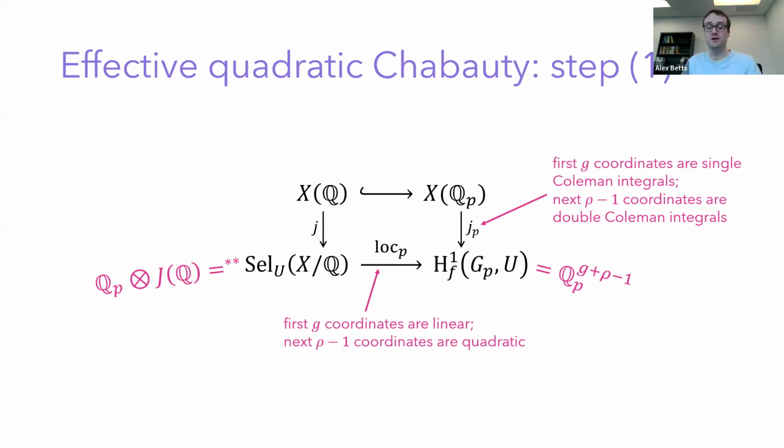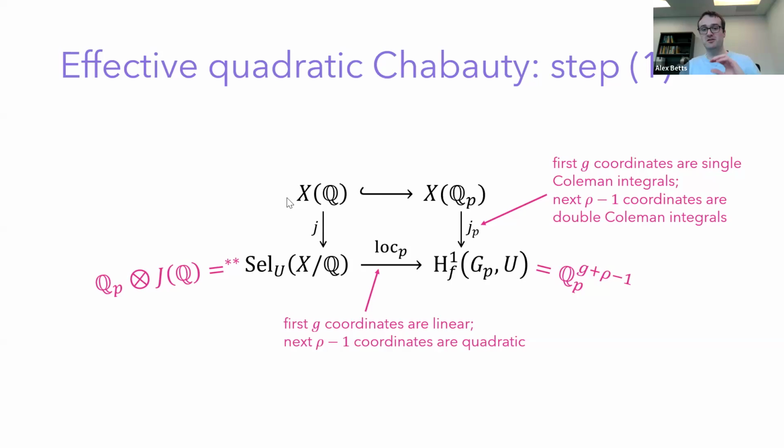They are double Coleman integrals, specifically ones related to local p-adic heights. But for today, we're just going to think of them as some kinds of double Coleman integrals. We're seeing iterated integration enter the picture. So this is a precise description of what this square looks like in the setting of quadratic Chabauty.